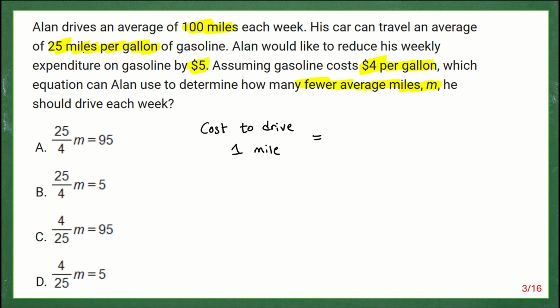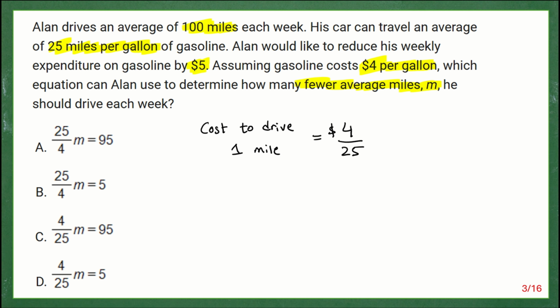The car average is 25 miles per gallon, and the cost per gallon is $4. So for 1 mile, the actual cost will be 4 over 25. Okay, so this is the dollar amount that it costs Alan to drive 1 mile.